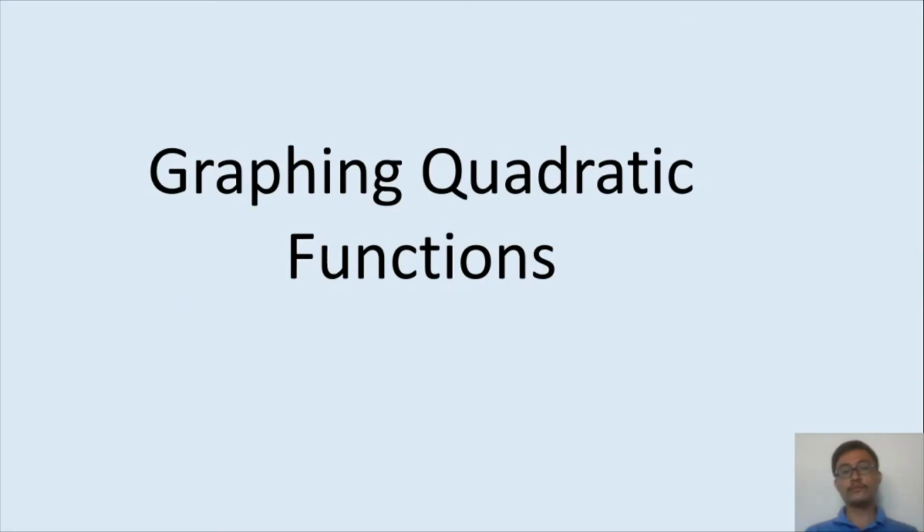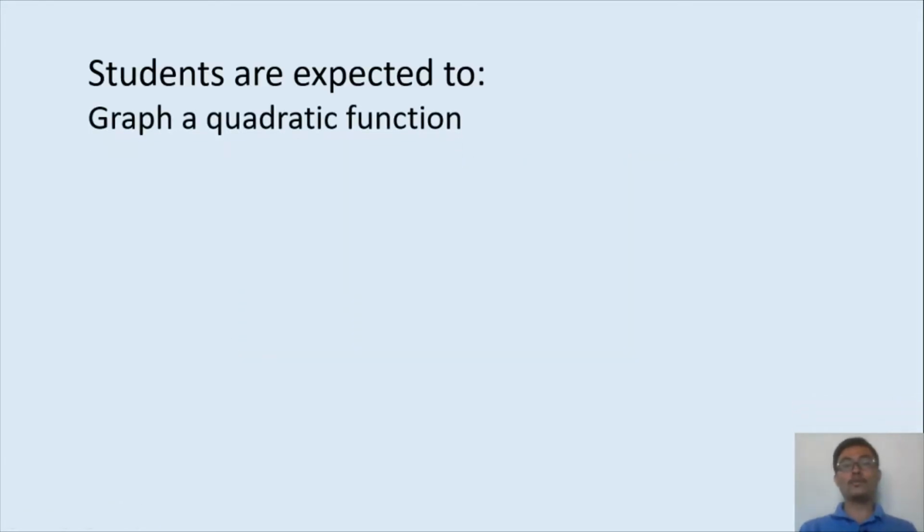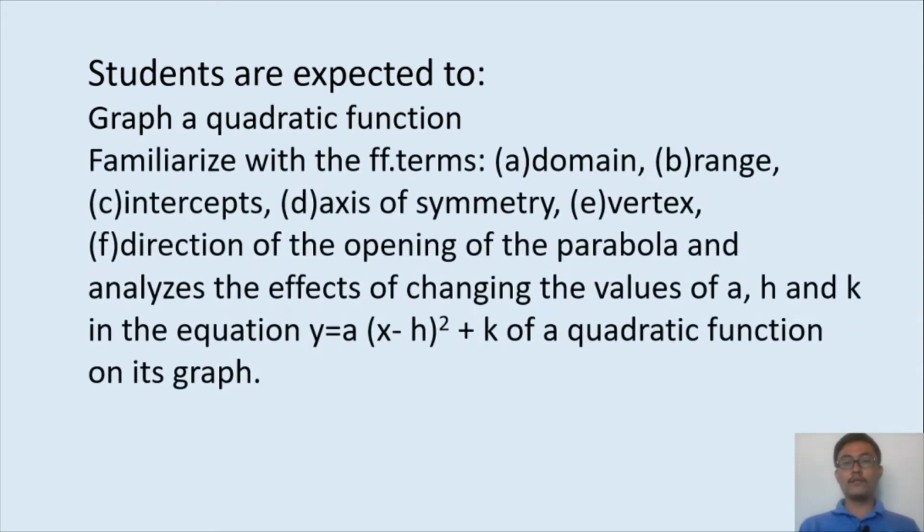I will teach you today graphing quadratic function. Students are expected to graph a quadratic function, familiarize with the following terms: A, domain; B, range; C, intercepts; D, axis of symmetry; E, vertex; F, direction of the opening of the parabola; and analyze the effects of changing the values of a, h, and k in the equation y equals a times the quantity x minus h squared plus k of a quadratic function on its graph.